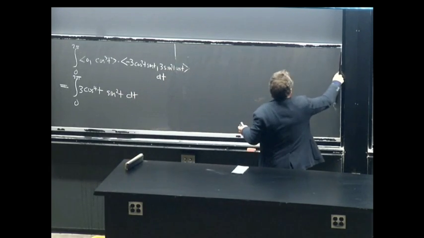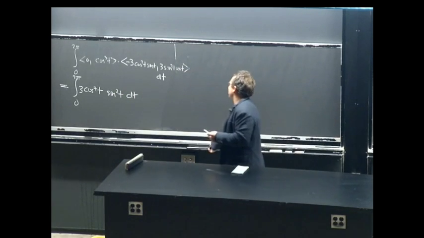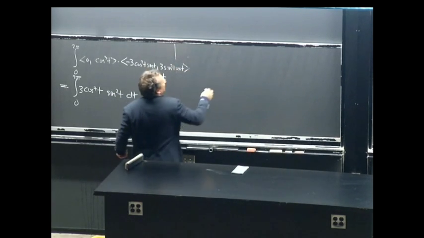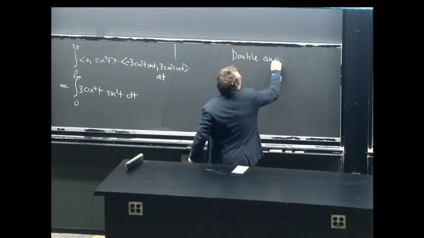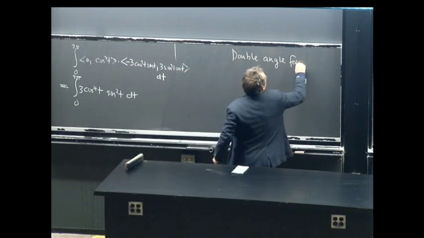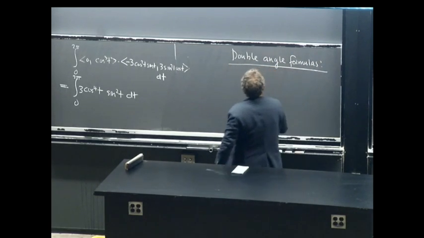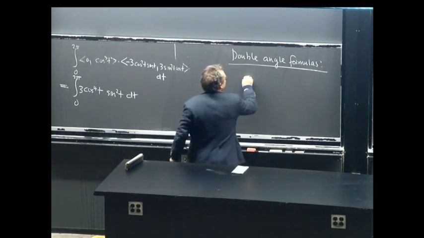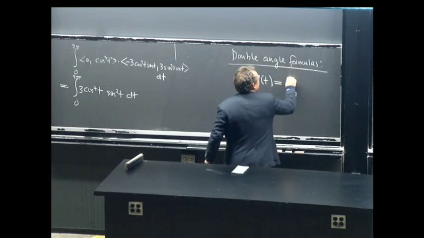So what do we do? Double angle formulas. Let me just remind you a little bit about double angle formulas. They really are handy. There are just two formulas which you have to remember. One is to get cosine squared t.